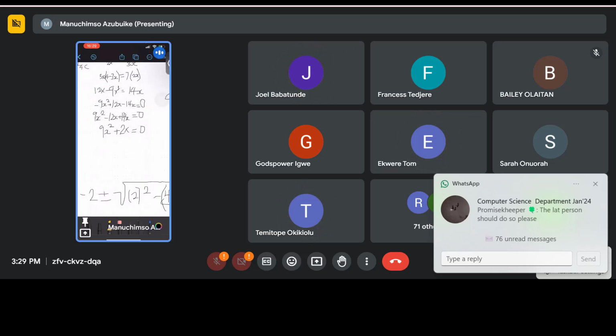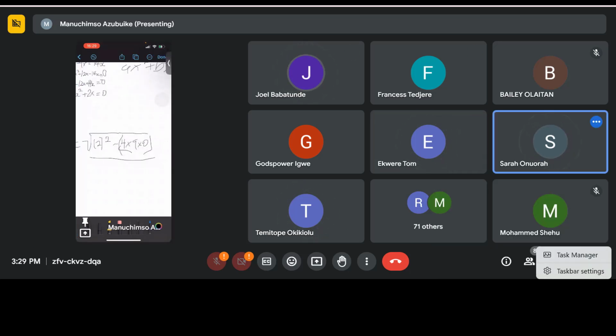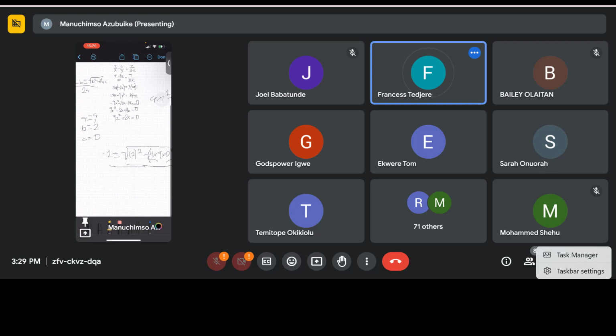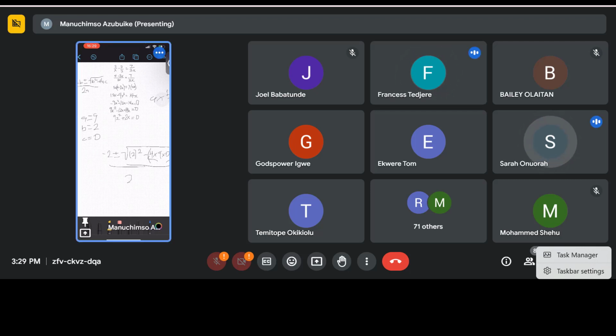So we're plugging in our values, all over 2a. That's 2 times 9.